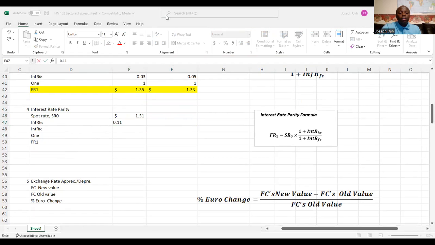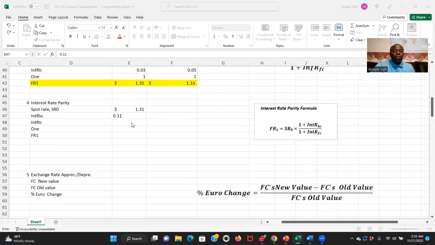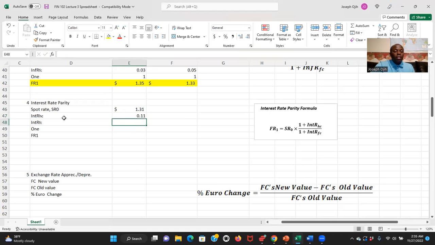Next is the interest rate in the foreign country, which is 6%, 0.06. One is part of the formula. You can see the formula here for the interest rate parity. Put one.